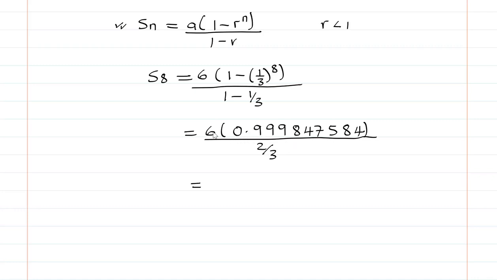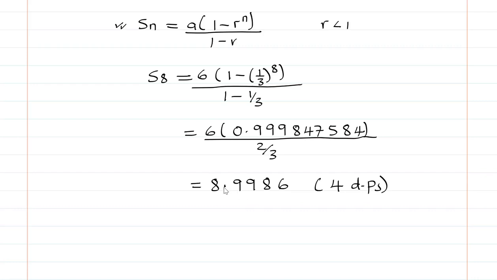Yes, I'm getting 5.9 something on the numerator. I'm not going to copy that. Then I will divide it straight. Divide the answer by 2/3. Yes, after dividing, I'm getting 8.9986. This is to 4 decimal places.